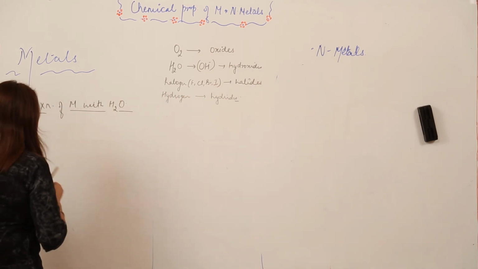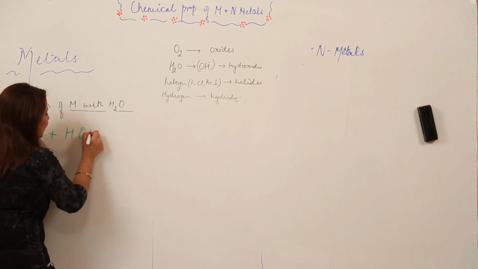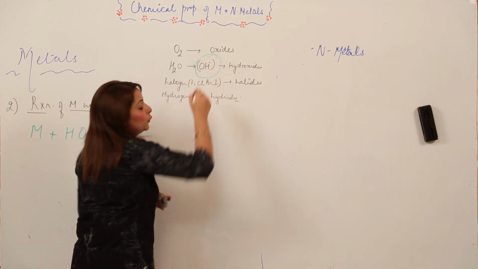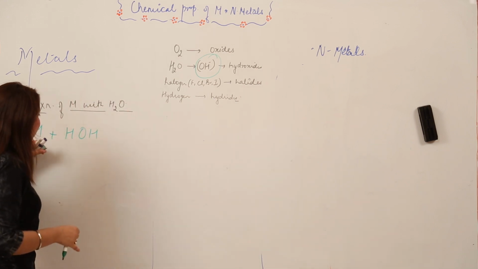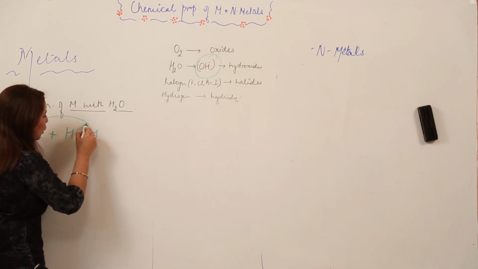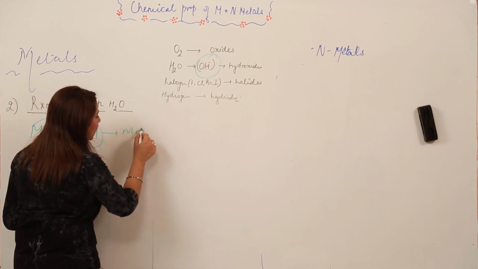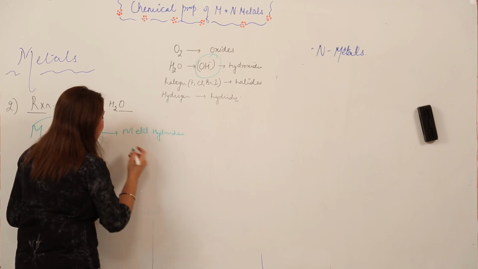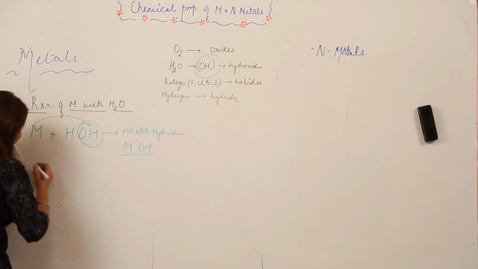So what happens when metal reacts with water? As I told you, when something reacts with water, it gets crisscrossed with the hydroxide ion. So the same happens in this case. When metal reacts with water, it gets crisscrossed with this hydroxide ion and leads to the formation of metal hydroxide.